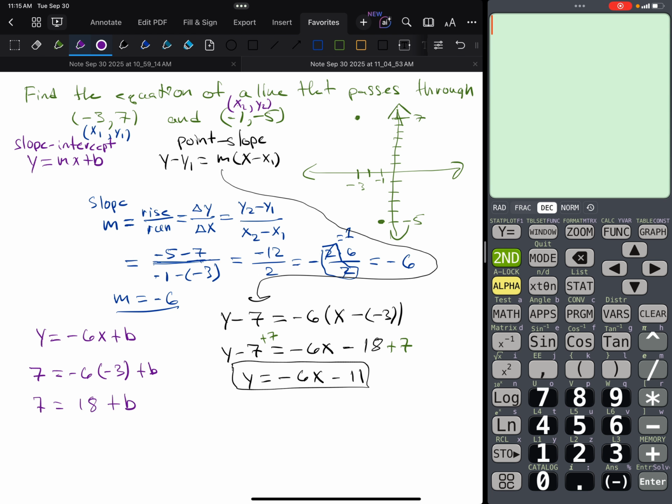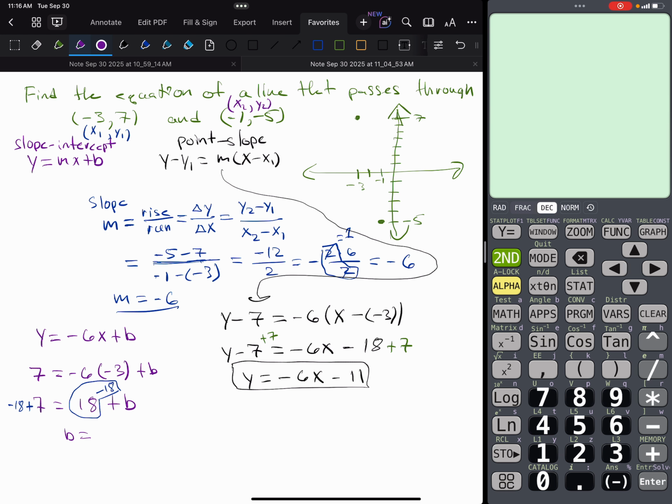Now I want to get that 18 over to the other side of the equation. So I'm going to subtract 18 because that makes this go away, right? That goes to 0. But because I did it over there, I have to do it over here. I'm also going to flip this thing from right to left because I want to see it as b equals.